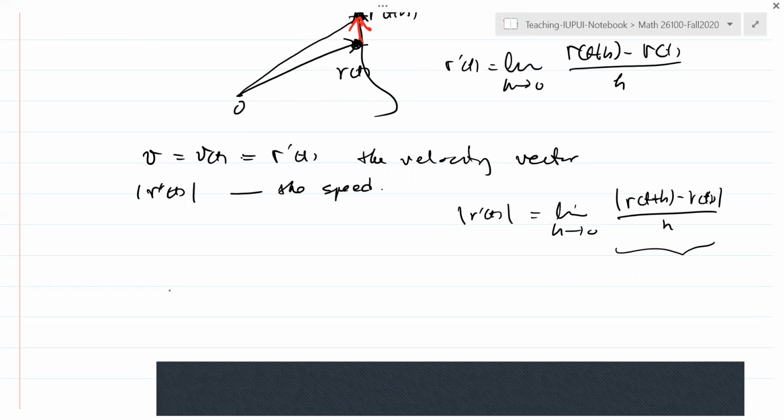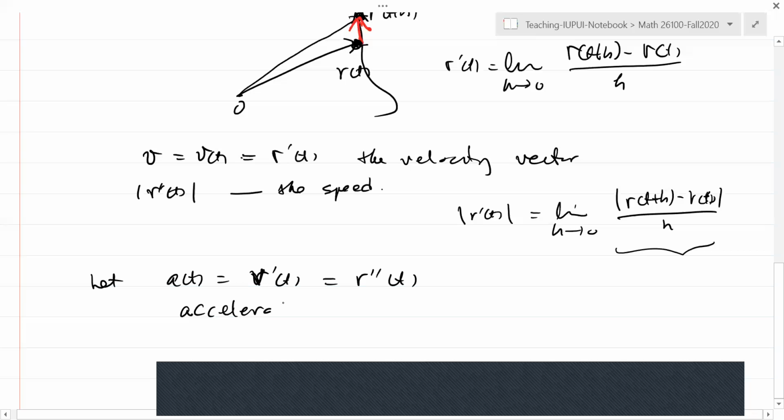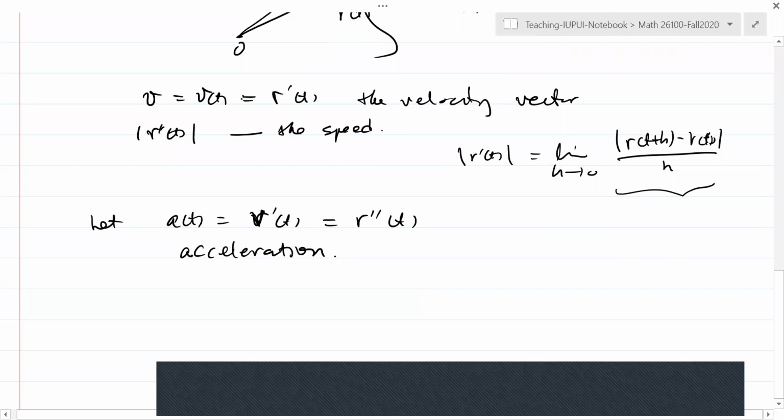So it's reasonable to call this vector, which is the derivative of the velocity vector and a double derivative of the original, the acceleration, or acceleration vector. When you differentiate the position vector twice, you get the acceleration.